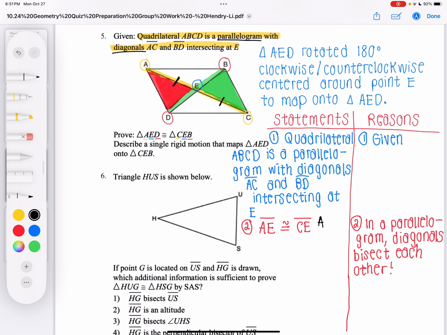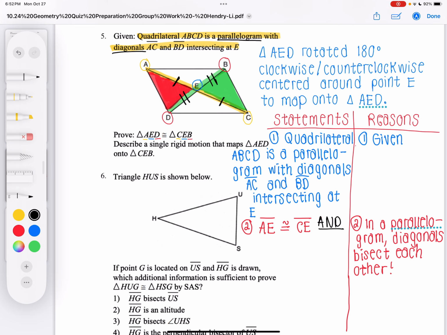And not only that, but if you take a look at line segment BD, it is also cut in half. So I will mark this with 2 tick marks this time. Because remember, we don't know that the 2 diagonals themselves are congruent, but they are each being cut in half.